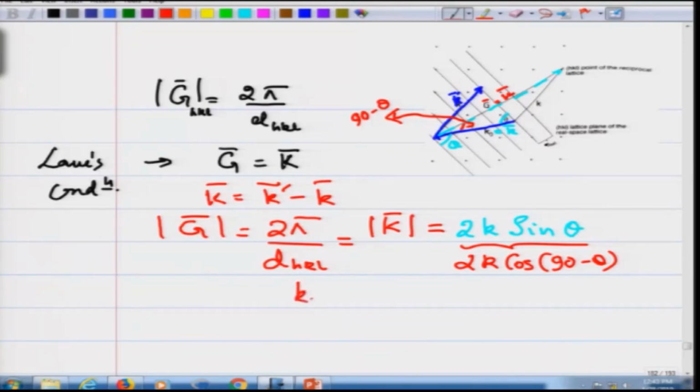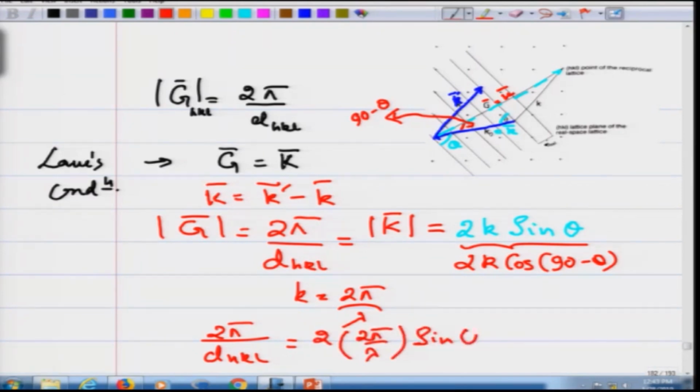And you know k is 2 pi by lambda, and this gives me my relation. So, 2 pi by d_hkl will be 2 into 2 pi by lambda sine of theta, where theta is the angle of the incident wave vector with the lattice plane, and it is also the angle which the scattered wave vector k prime makes with the lattice plane, or the reflected wave vector k prime.